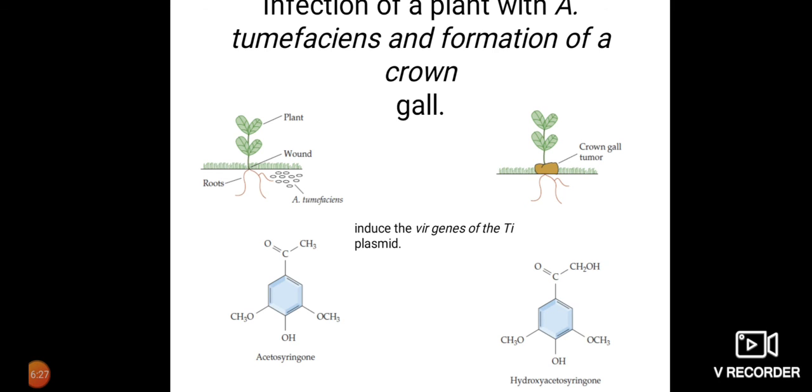They found this plasmid is responsible for induction of the tumor, and that it transfers or inserts a part of its own DNA into the plant cell, causing the plant cell to continuously multiply and develop the tumor. We will study the Ti plasmid and the vector systems derived from it in the next video. Thank you.